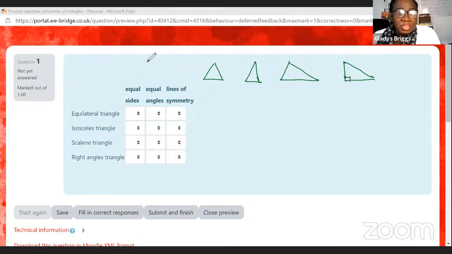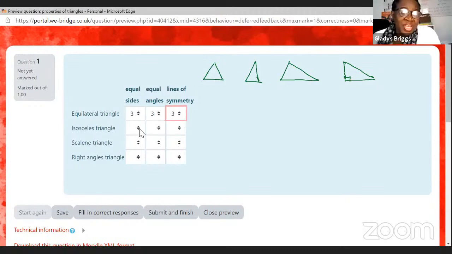Okay, so let's see. An equilateral triangle has three sides equal, three angles equal, and three lines of symmetry. Yeah, so this is what you should have for all of them.